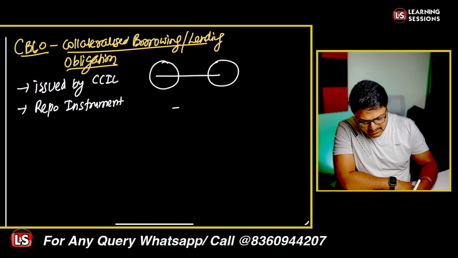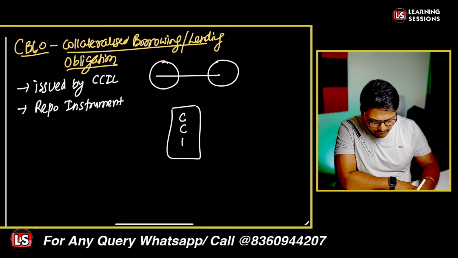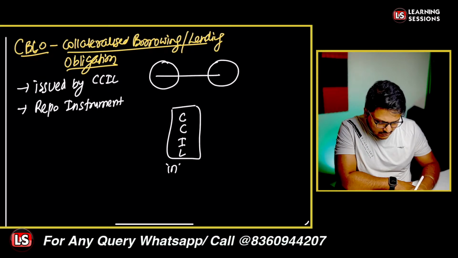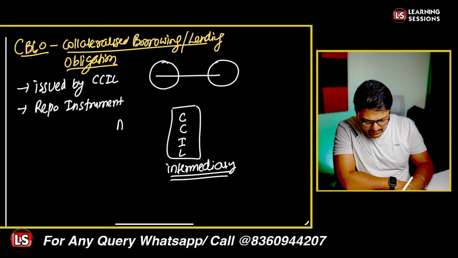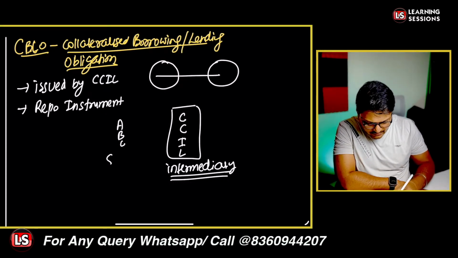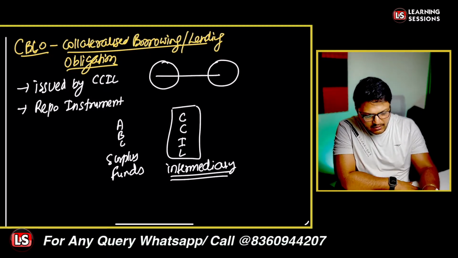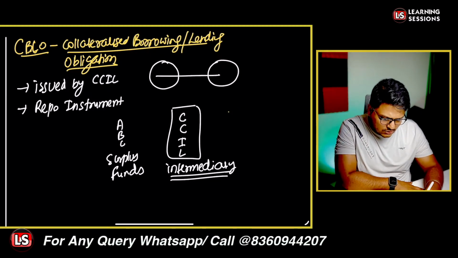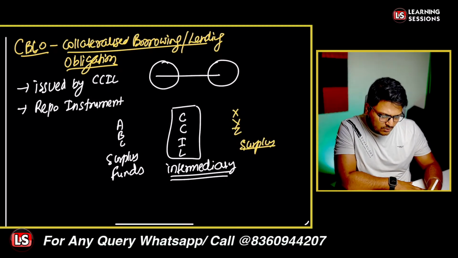Why? Because CCIL will be working as an exchange, as an intermediary. The persons who are having excess funds will be on one side, and the institutions or persons who are having surplus securities, who basically do require funds, will be on the other side.